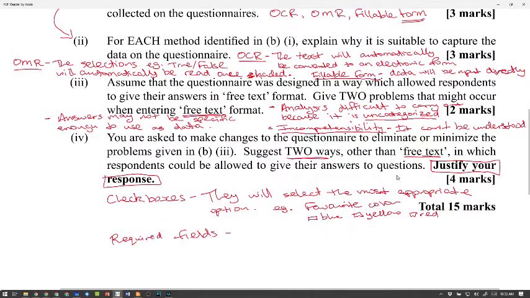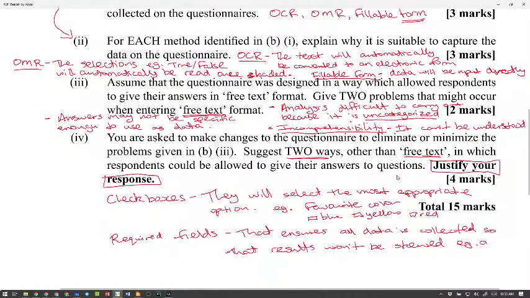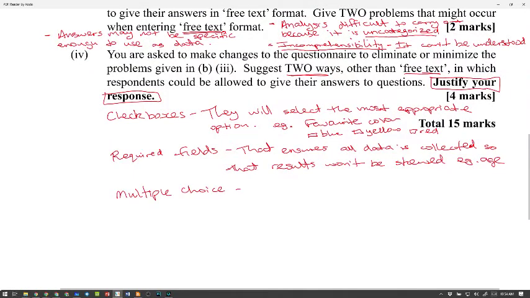Required fields, that ensures all data is collected so that results won't be skewed. Example, age. They could put multiple choice. Multiple choice would give predetermined choices that would cover the expected range of answers.